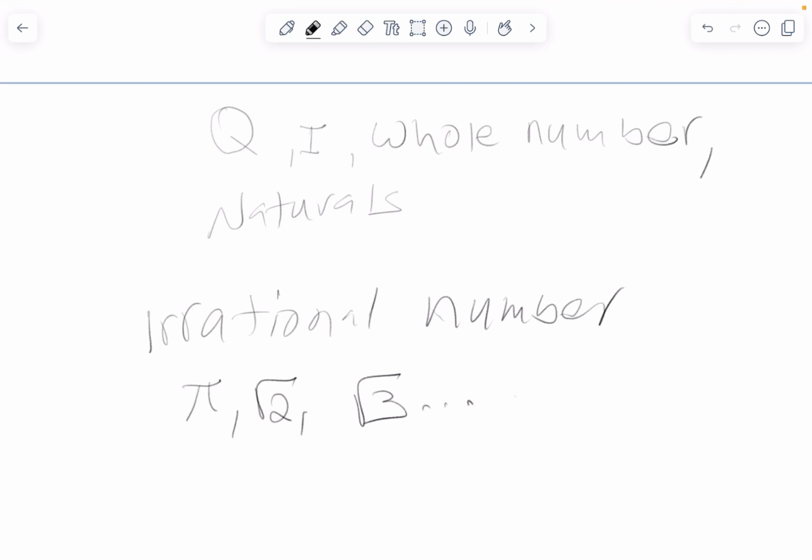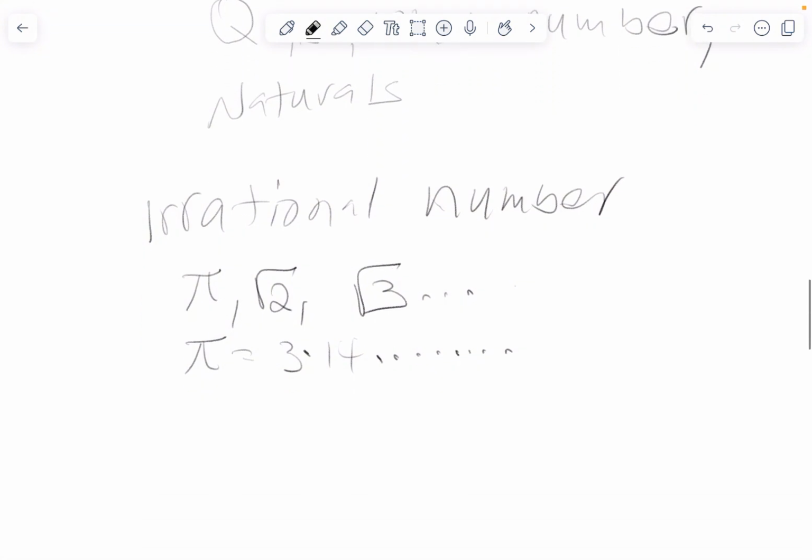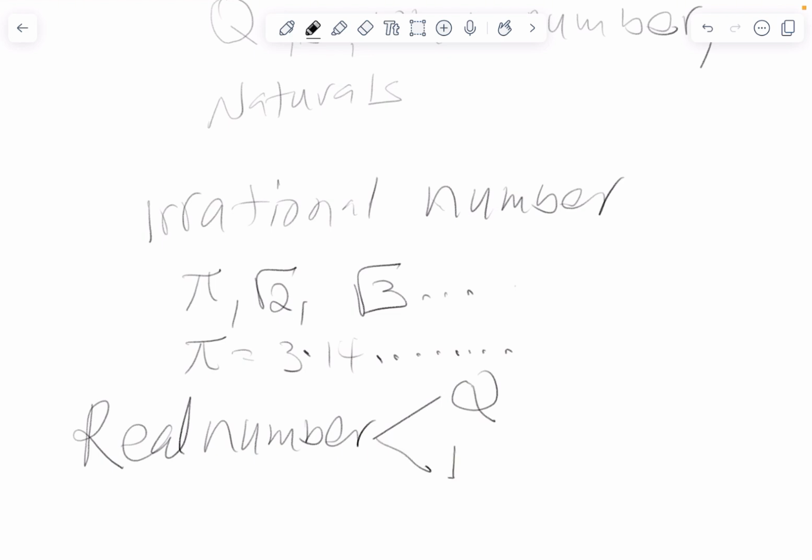Let's say pi is 3.14, such a number cannot end, it will not stop. So pi is an irrational number. So real numbers are a combination of rational numbers and irrational numbers.